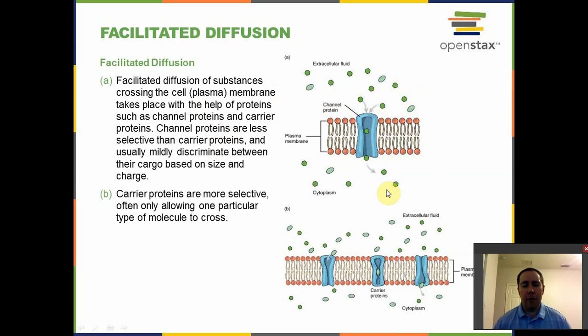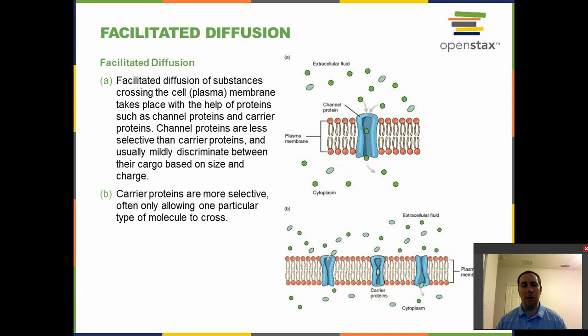The carrier protein on the bottom does the same thing, but it is selective. Notice here, it is only allowing the oval molecules through. The channel up top, while we can't see any ovals going through it currently, there's already an oval on the inside. So the channel is non-selective.